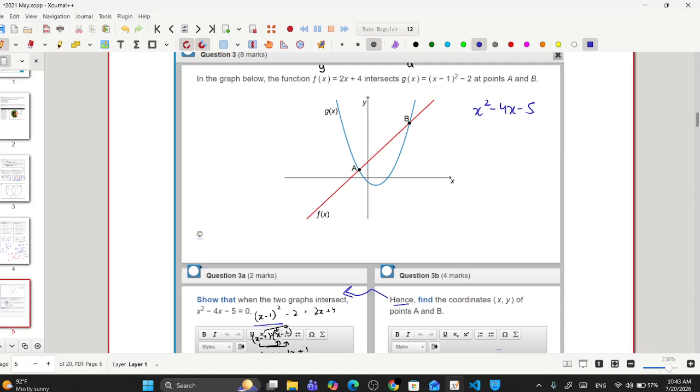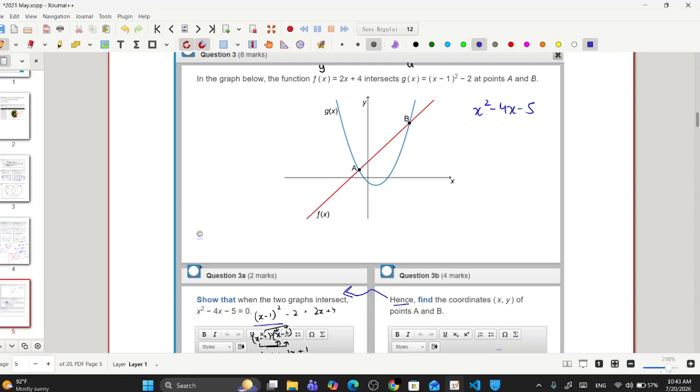Take x as common, and within the bracket you have x minus 5. Take plus 1 as common, and within the bracket you have x minus 5 again. So you have two brackets, x minus 5 and x plus 1. The value of x is either 5 or negative 1, because we take the negative value of whatever is present inside.